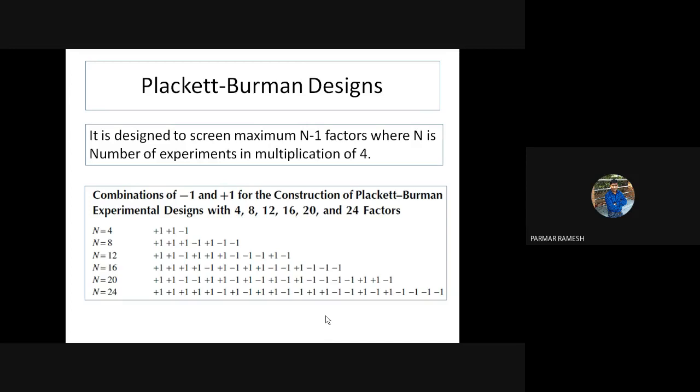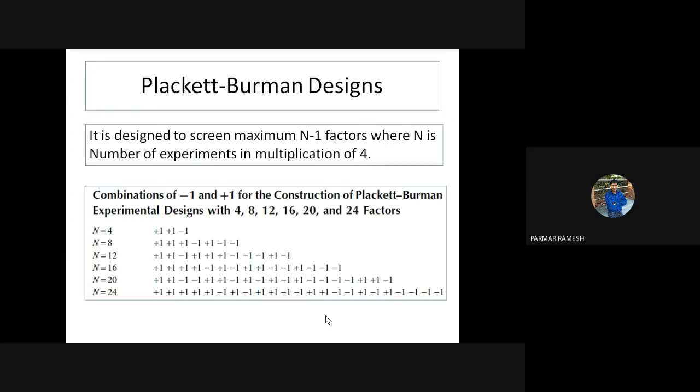So these designs have experimental runs always in multiples of 4. Mind well, these designs have experimental runs always in multiples of 4. So either 4, 8, 12, 16, 20, 24 experiments are there. Then we can study a maximum of n minus 1 factors, where n is the number of experiments to be performed.